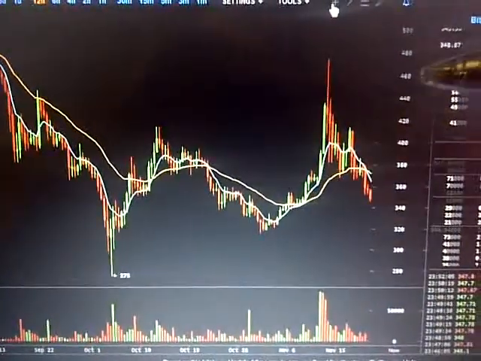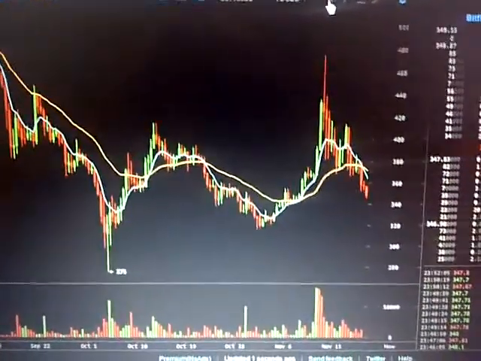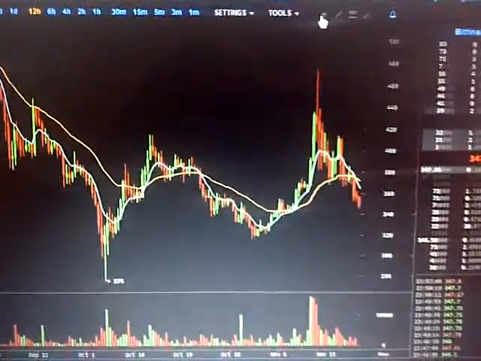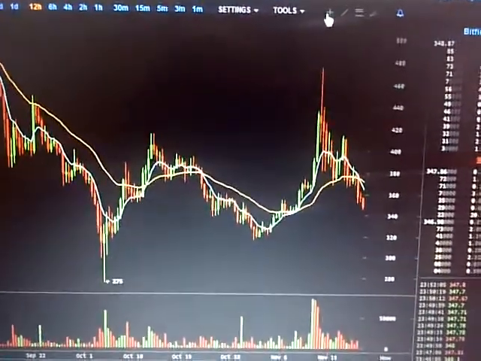If you're able to recognize and see that, you're able to play the market, right? You're playing the market if you're trading.